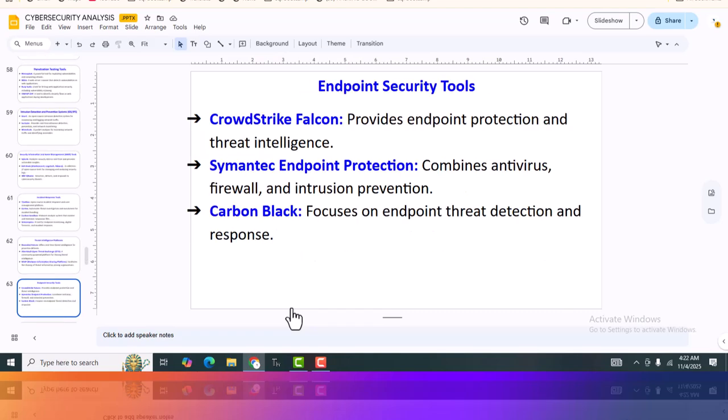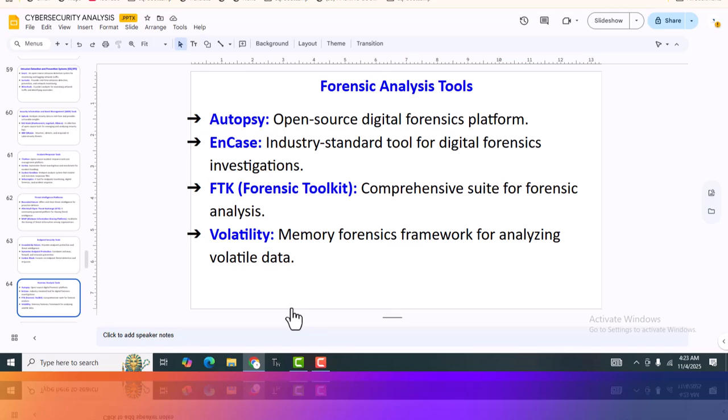We also need endpoint security tools like Carbon Black, CrowdStrike Falcon, and Symantec endpoint protection, which we'll be looking at when we go to each one of them. We can also use forensic tools like Autopsy, EnCase, FTK, Volatility, and so on to carry out our analysis, especially for forensic investigations.